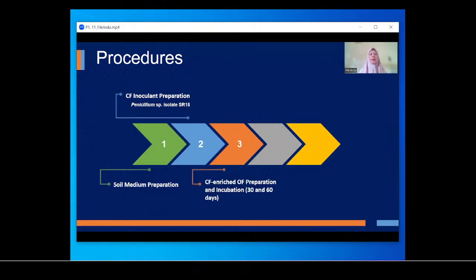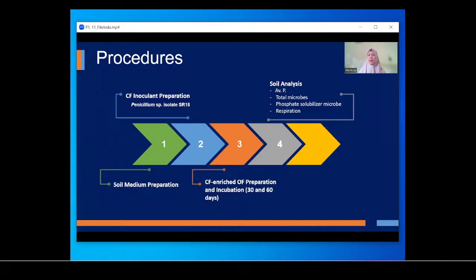And then we prepared an incubation of the cellulosic fungi enriched organic fertilizer for 30 and 60 days. After the incubations, we analyzed some soil characteristics such as available phosphorus, total microbes, phosphate solubilizer microbes, and respiration.